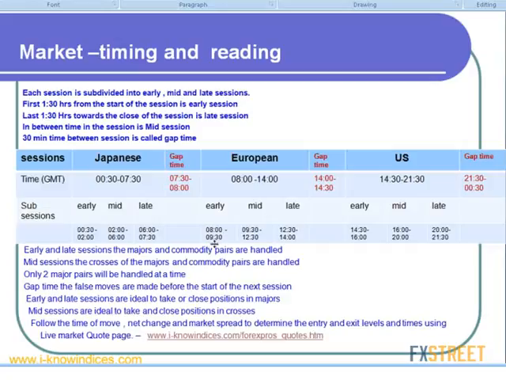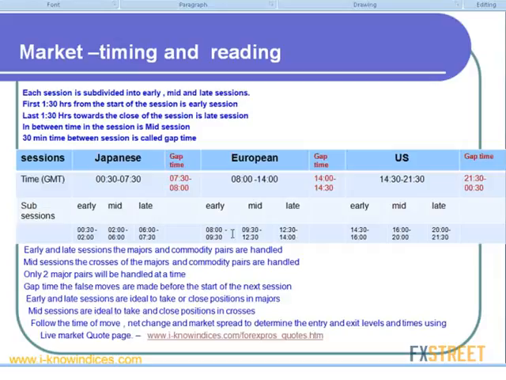So they make up and down moves during the early session in the majors, and then subsequently during the European session they make the contrarian move. Sometimes they gain the level in the case of euro and drop JPY, or gain the level in the case of JPY and drop euro. That sort of move they do in order to handle the crosses. And again they come to the majors during the late session.